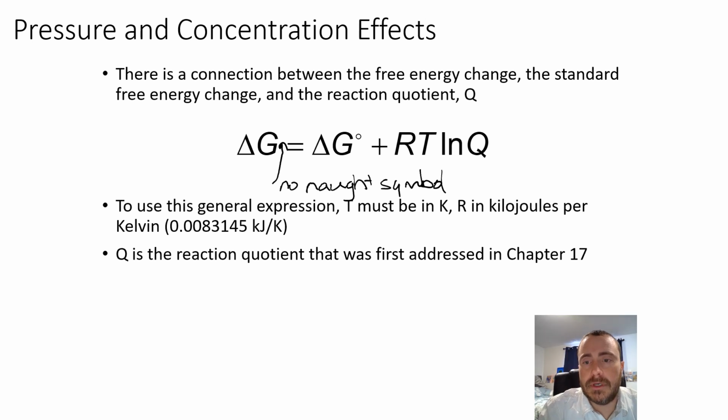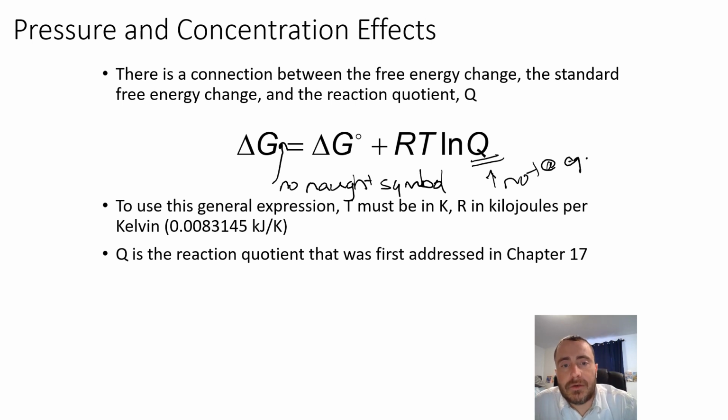And Q, this is not a K value, which means that we're not at equilibrium. So we can use this equation, remembering back that Q is the same thing as an equilibrium constant, products divided by reactants raised to their powers, except that we don't have to be at equilibrium.